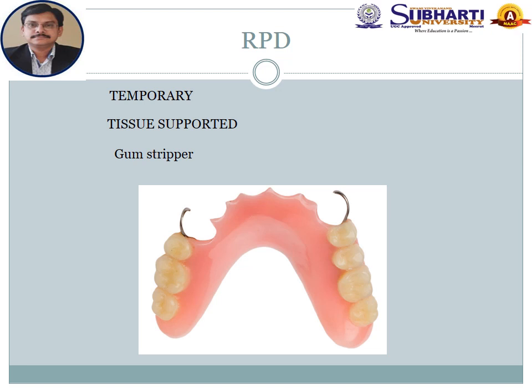So what happens if it is totally tissue supported and not tooth supported? Whatever masticatory force gets generated through this RPD will totally get shifted to the underlying soft tissue as well as bone. For example, if a patient generates 200 Newton of force during mastication, all 200 Newton of force will transmit through that RPD to the underlying mucosa as well as the bone.